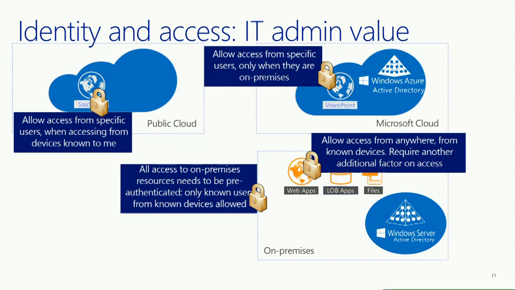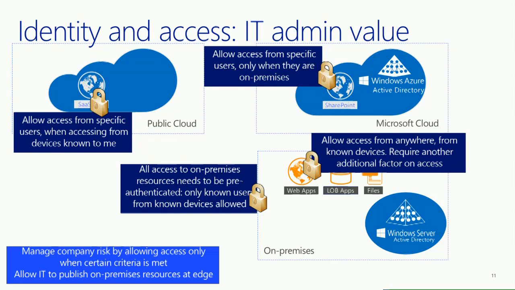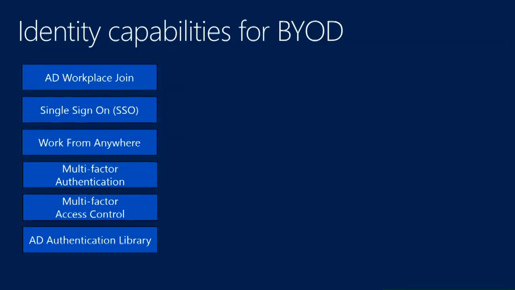As a result, administrators think about policies to differentiate. So I can get unfettered access from inside the firewall, but I want multi-factor authentication when I go outside. Those are the types of policies across all of these types of resources, because resources don't live in a single place anymore. Resources live inside your firewall and in varying clouds, and in a world of collaboration, they live in partner organizations as well, who provide some of these services for your organization.